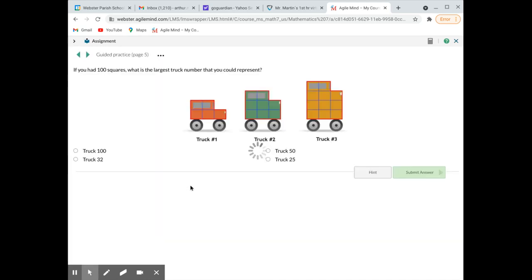All right, number 5. If you had 100 squares, what is the largest truck number that you could represent? How would we find that answer? What could we do with our algebraic equation? You could do the truck number times 3 plus 2.